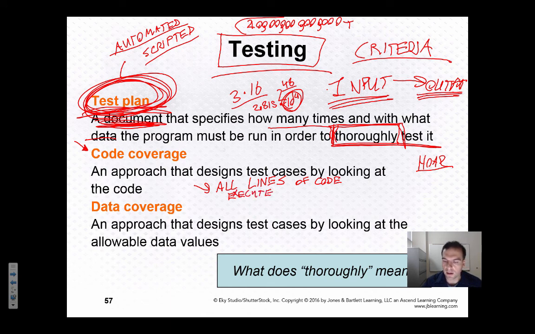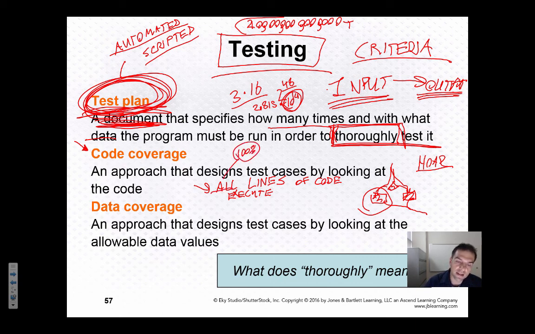And what does that mean? If I've got some sort of a decision where it can either be this block of code or that block of code, I need to make sure that the decision goes both ways in my program. I need to make sure that this one gets hit and that one gets hit. So 100% coverage would mean all lines of code. That would be 100% code coverage.